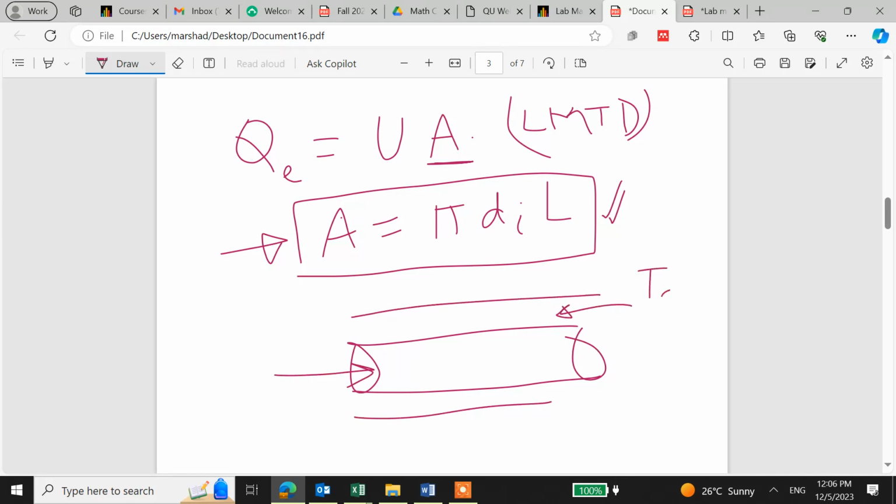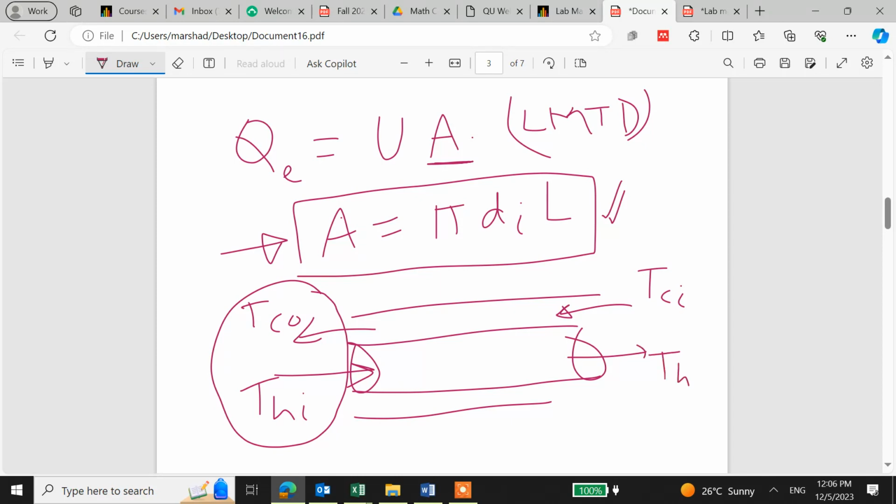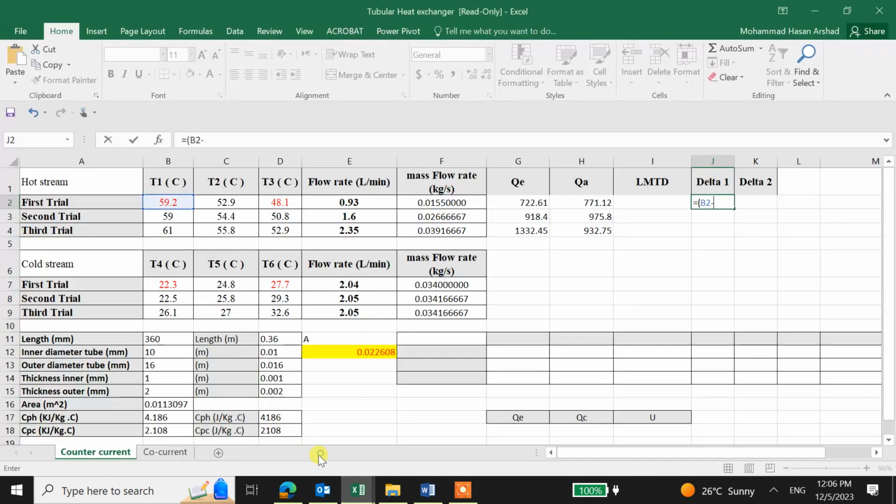So TCI, and this is THI. This is the hot and cold difference, and then we will have T hot out. So T hot in minus T cold out is delta T1.